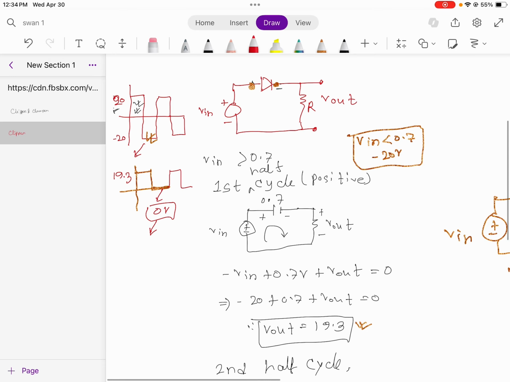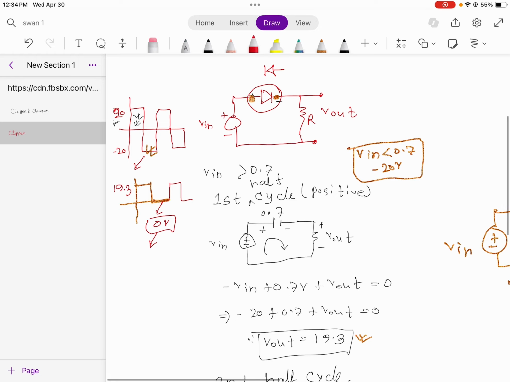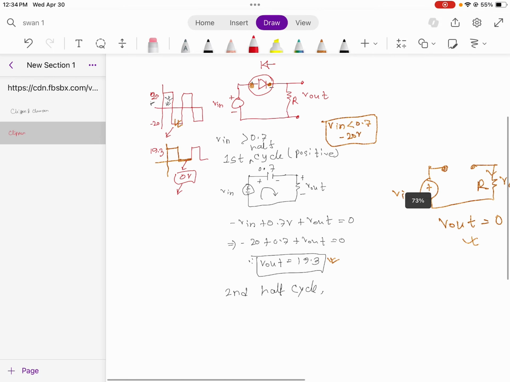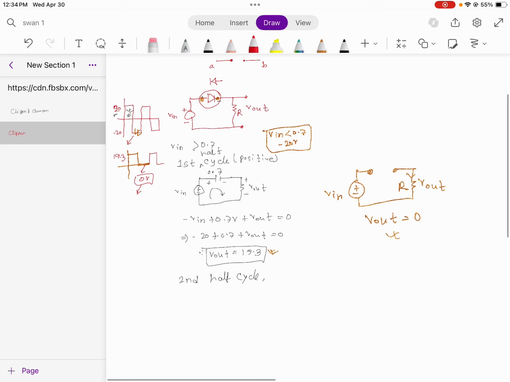If we want to find out what a positive clipper is, we reverse the direction of the diode, and we can examine that it will work as a positive clipper circuit. Now after exploring all these circuits, we will understand what the biasing of a clipper is.